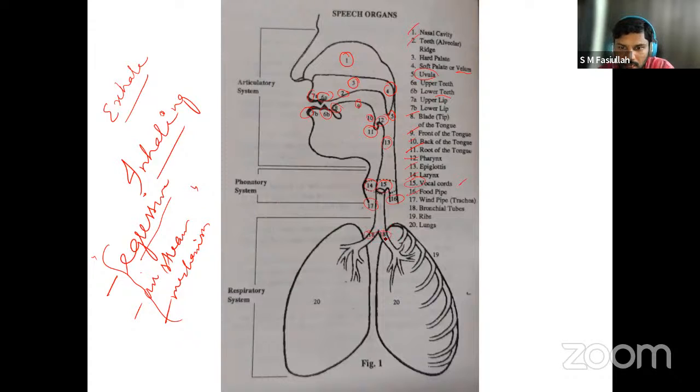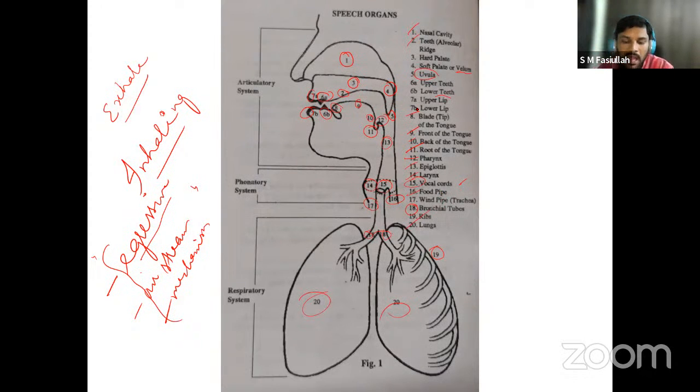And these particular branches, which connect your windpipe with the lungs, are called bronchial tubes. And you also have ribs, the soft, curvy bones that you find in your chest. And this is obviously the lungs itself.